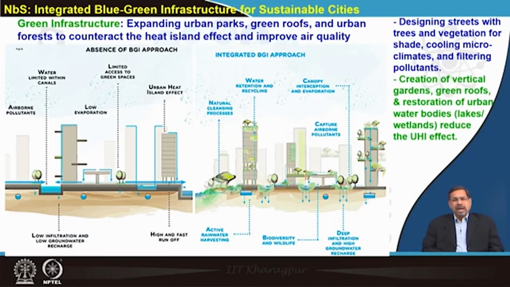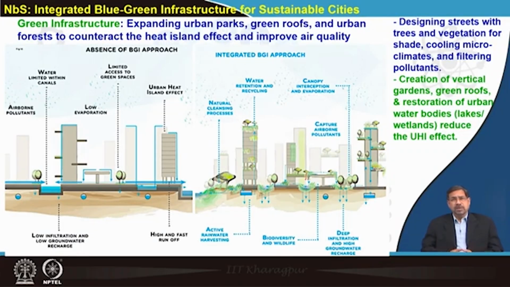And the canopy interception and evaporation: when we plant trees around vacant space, the interception happens on the canopy. That is why, as I just mentioned, it helps in enhancing the time it takes for water droplets to fall on the earth's surface.